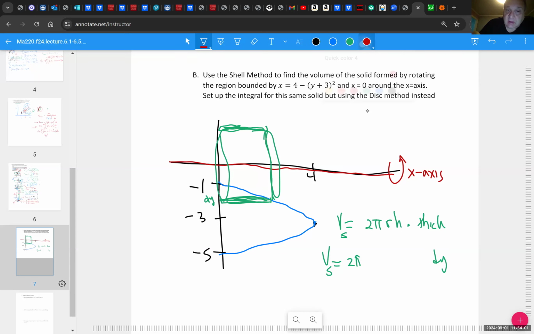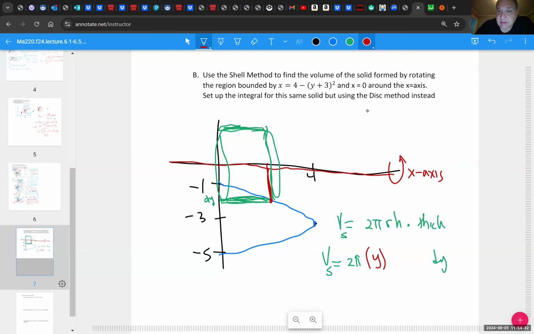The radius is always from the middle, the axis of revolution, to the region. That distance is a vertical distance. It goes between y equals 0 and the y for the function, so it just has to be a value of y. So the radius is going to be a value of y, which is okay because it has to be in terms of y since we have a thickness of dy, right?